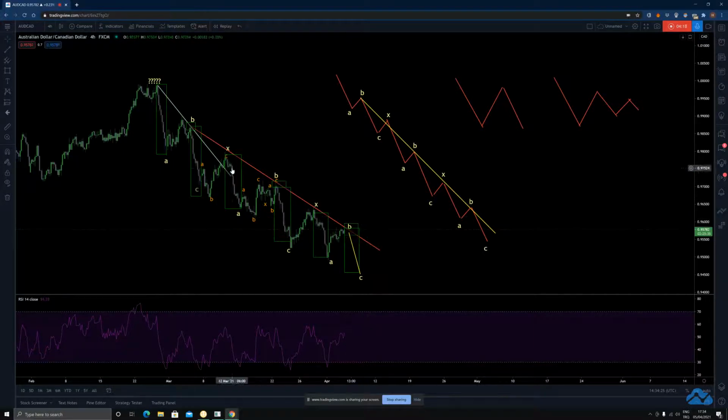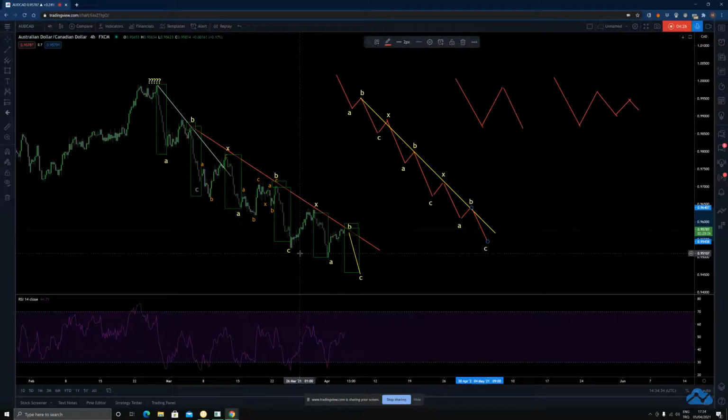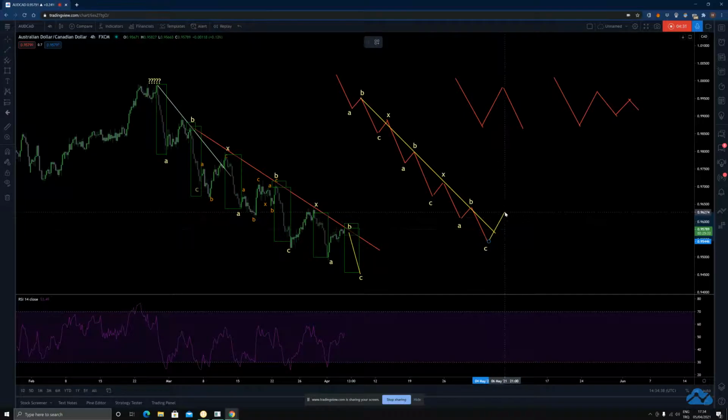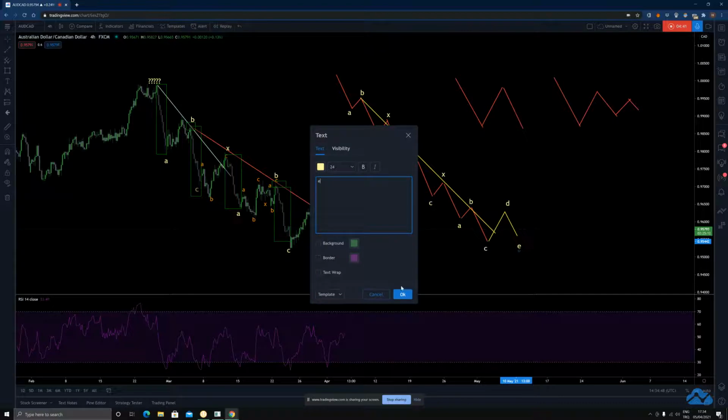Number one, this structure can also be a concept called a triple combination. In that case, you would have an ABC, a D wave, and an E wave.